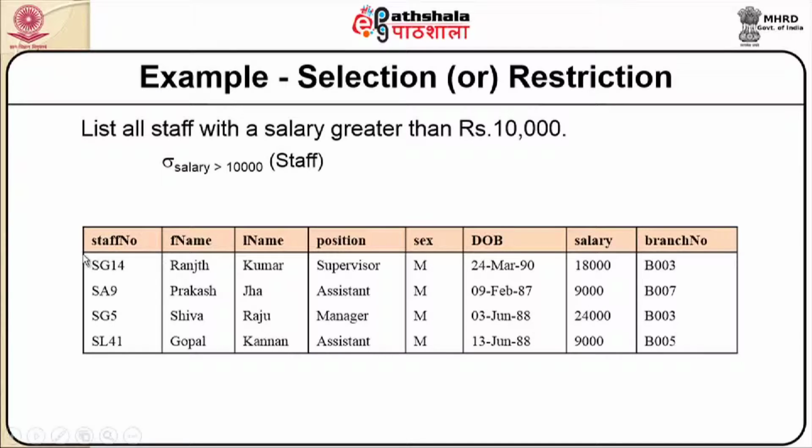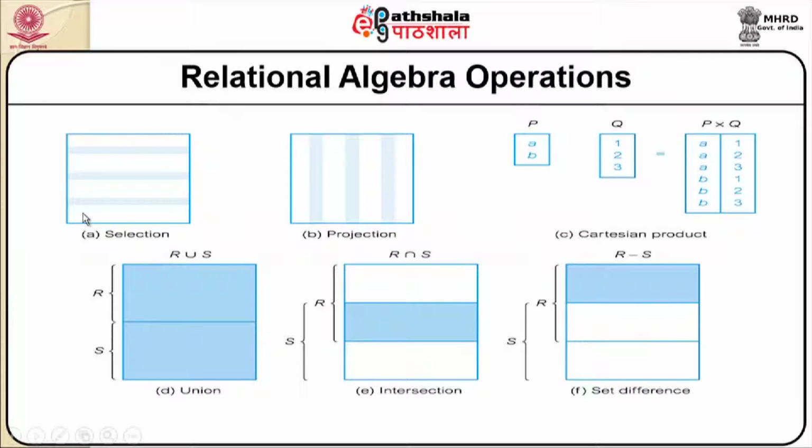Only these 2 values will be highlighted, staff number SG14 and staff number SG5. The complete record pertaining to these 2 will be selected and displayed. So that is what a selection is. It has highlighted only the row values or the tuples.